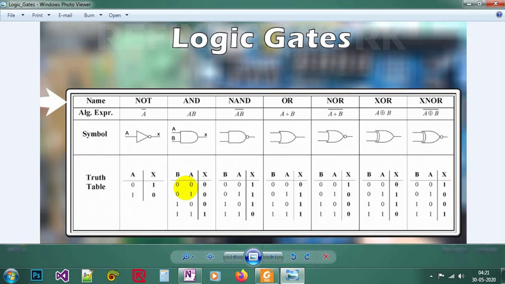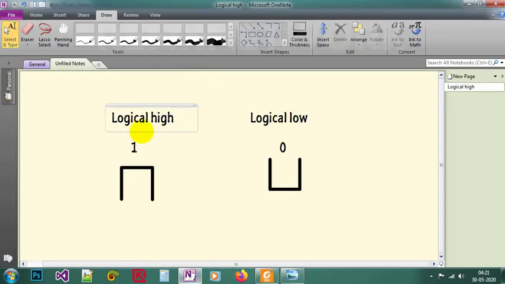One is your NOT gate. Input is A and output will be X. And in the truth table you can see, if the input is 0, the output will be 1, and if the input is 1, the output will be 0. Logical high is 1, which means the pulse will rise high.